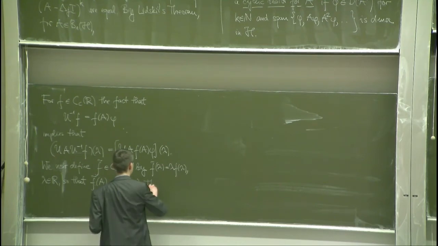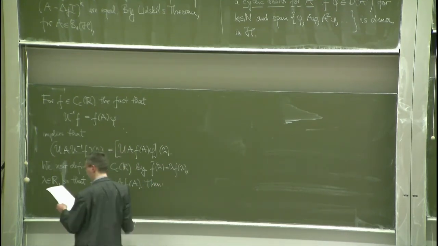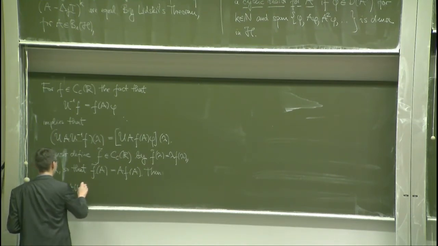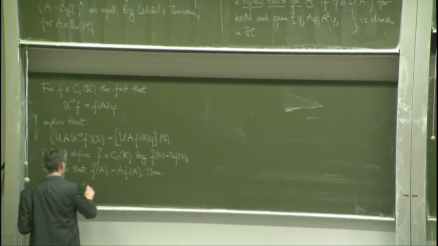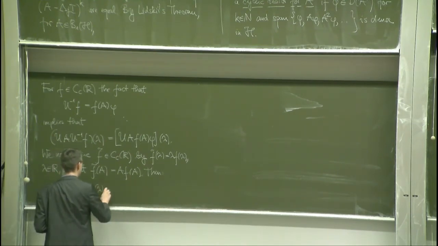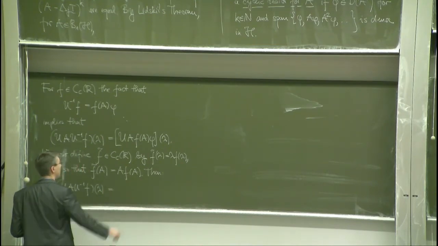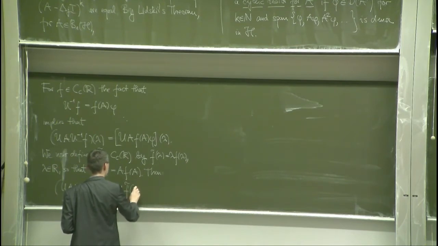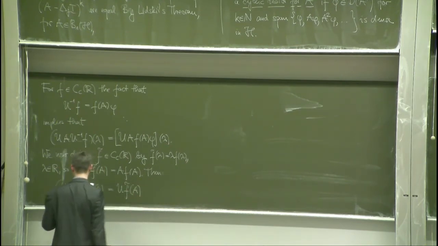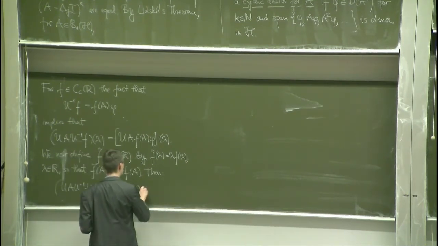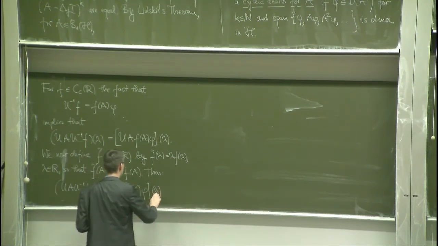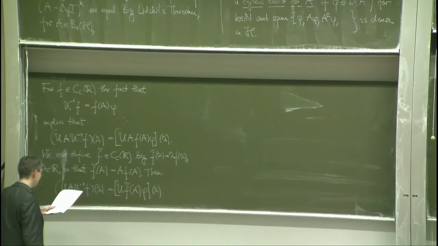Then we get that U^{-1} f of lambda. What is this? Look at this line, then you see that it's U f twiddle(A_phi) applied to lambda, at the argument lambda.